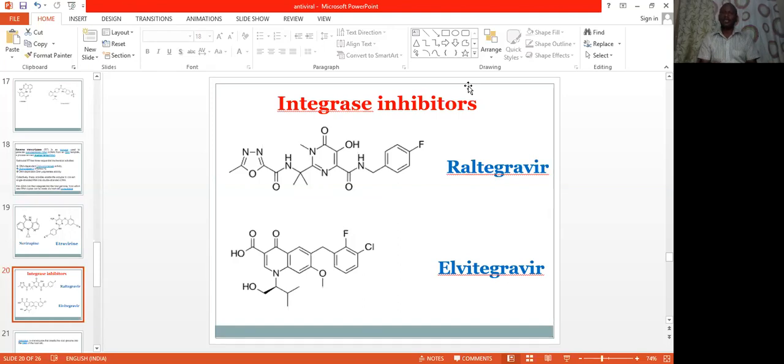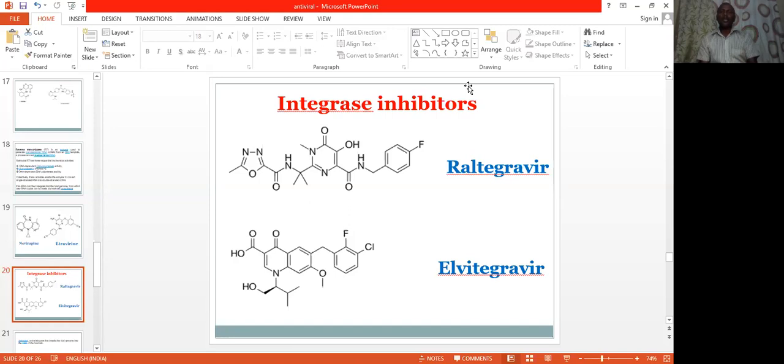The DNA is synthesized from RNA. Then what is the next step? The synthesized DNA from RNA has to be inserted into the host genome. Suppose the HIV virus is there in a human. The HIV virus synthesizes DNA from RNA.